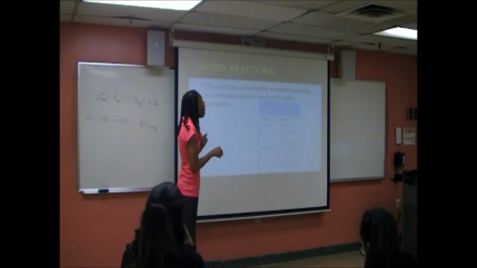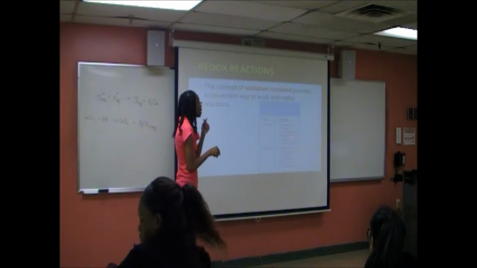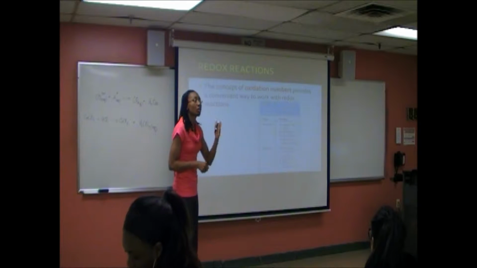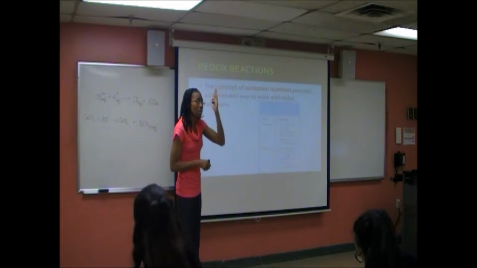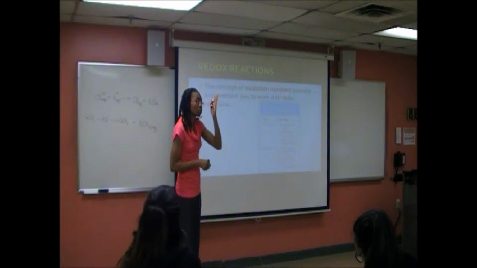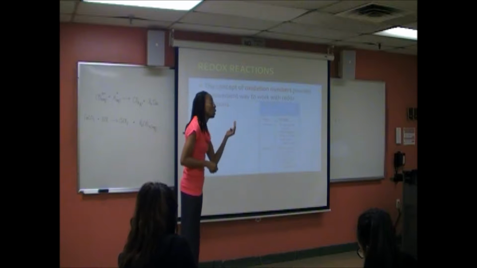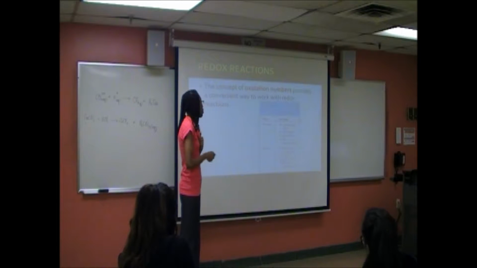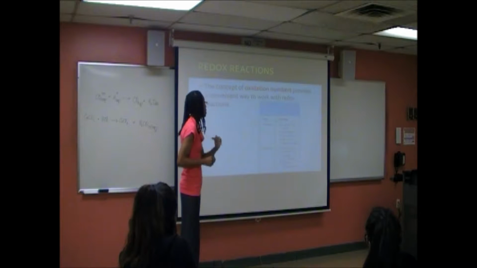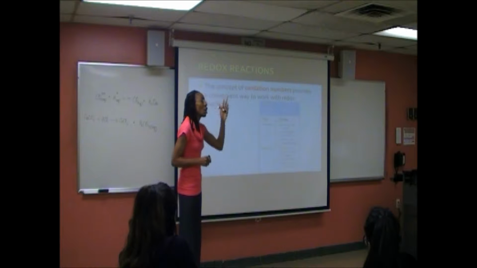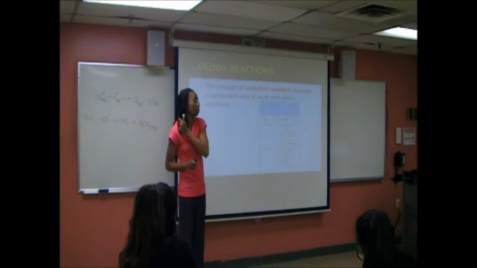If you lose hydrogen, if you lose electrons, or if you increase your oxidation number. Wait, repeat that? If you combine with oxygen, you have undergone oxidation. If you lose hydrogen, if you lose electrons, if you increase your oxidation number.